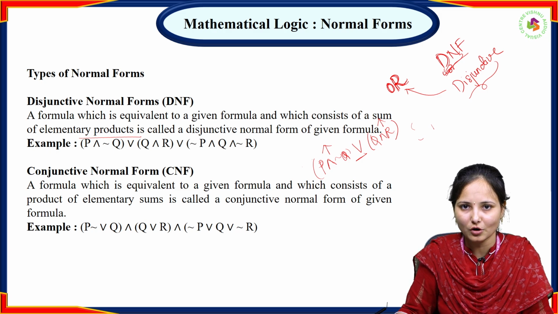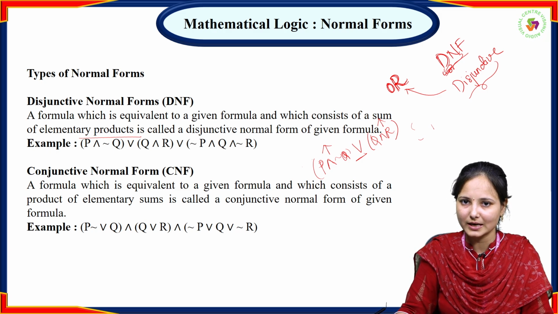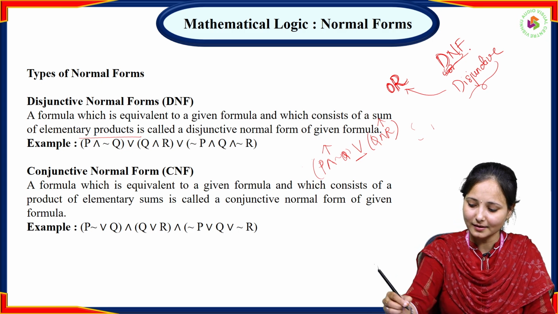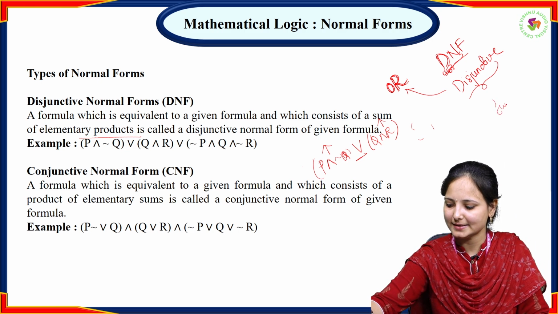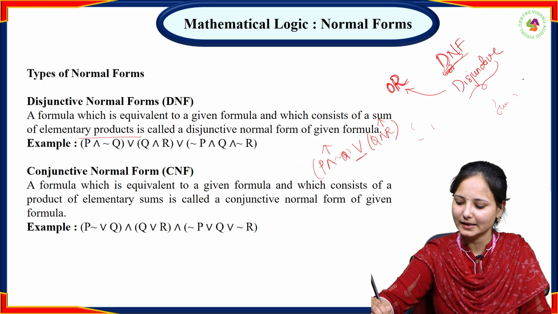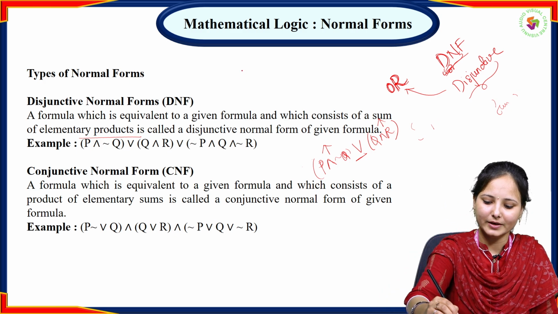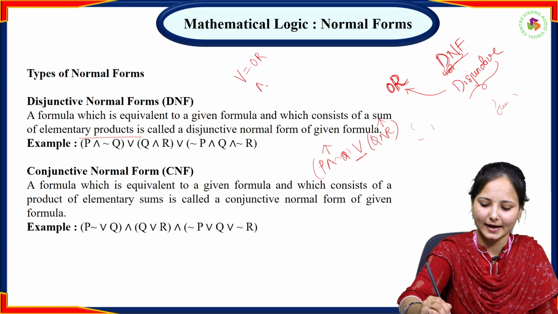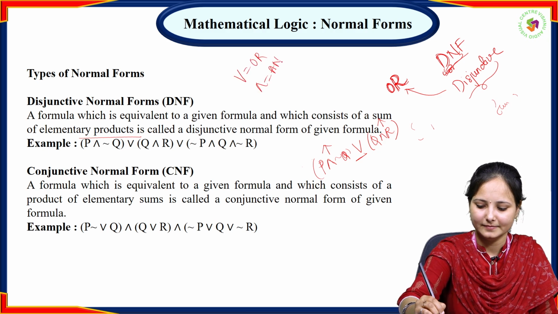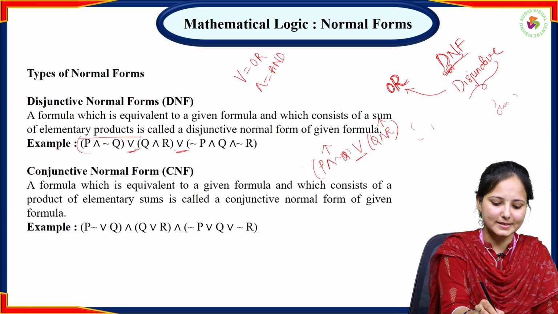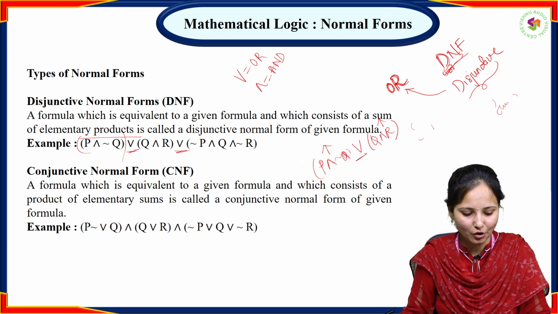We are representing the normal forms in disjunctive or conjunctive normal forms. So the disjunctive normal form, DNF, is a sum of products. For simplification, we can think of it as a sum of products, or we know that we represent it like this. So this is an OR and this is an AND. So this is a sum of products. This representation is known as disjunctive normal form.